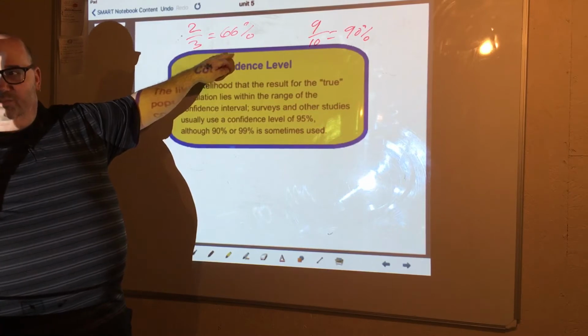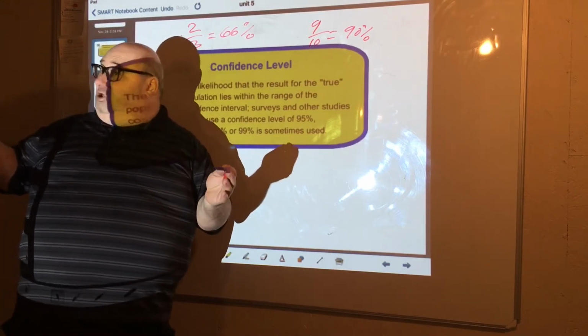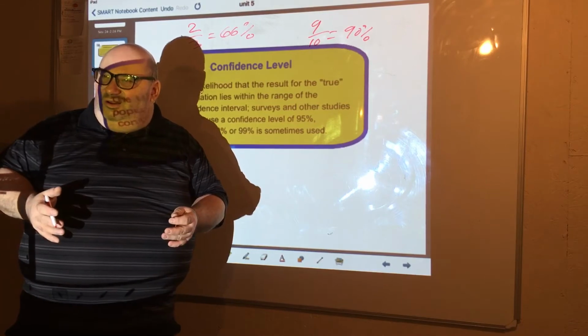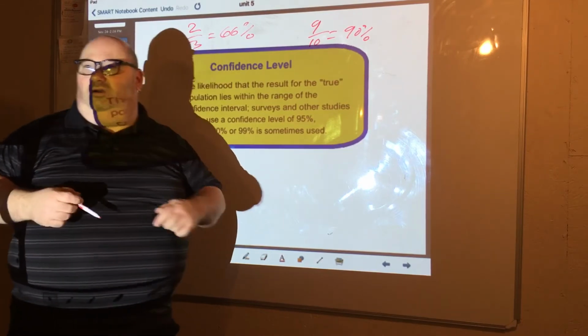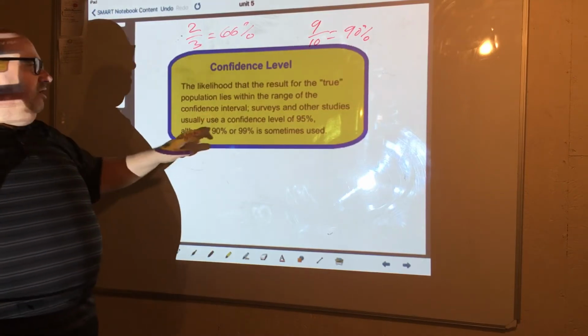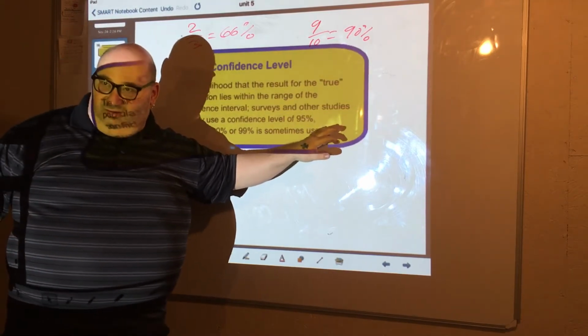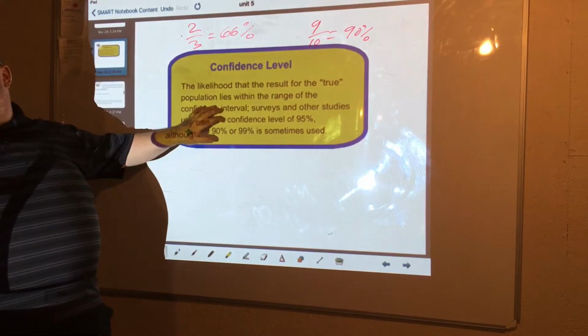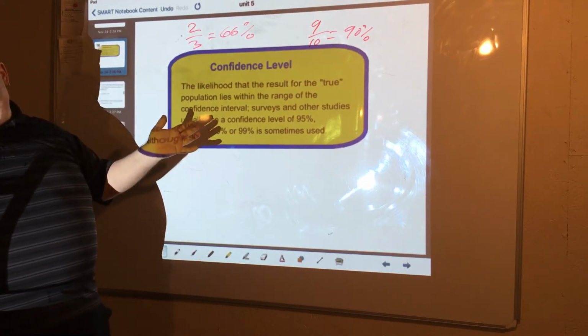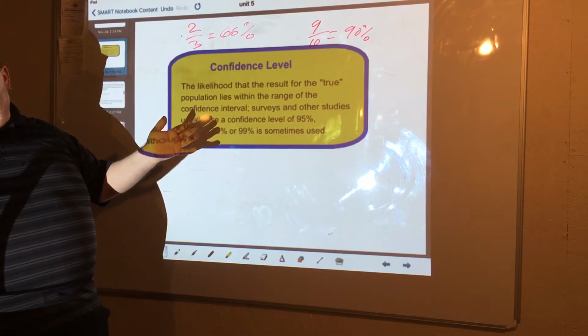So people say, oh, 2 out of 3, that sounds pretty good, right? It's only 66%. I want 90%. I would prefer 95%. But 90% is a pretty good number. Anything below that, I'm not very confident in that survey.